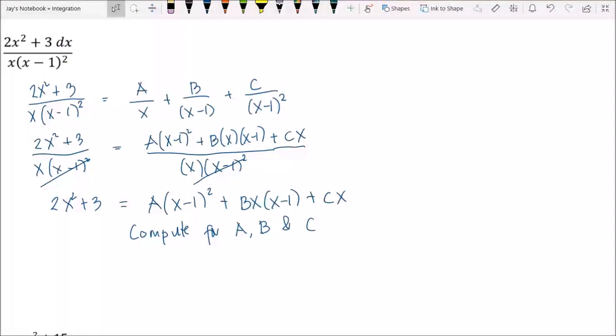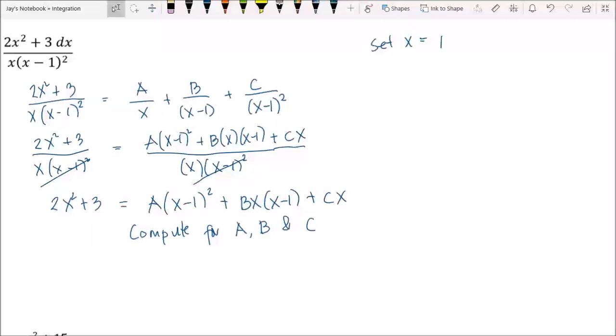By assigning any value of x. But again, you assign a value of x that would easily compute the variable. Make sure the value of x we assign is one that cancels a term or makes it equivalent to 0. So in this case, we know that our value of x here is equal to 1.